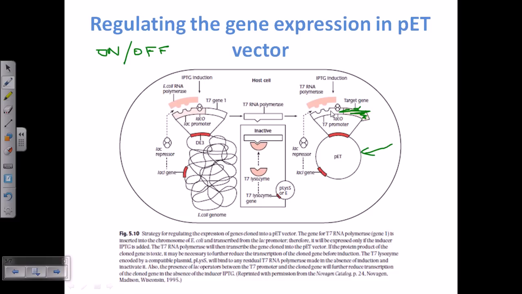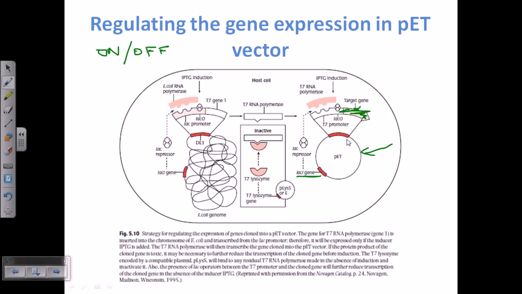The polymerase required here is the polymerase from bacteriophage T7. So the T7 promoter, then the lac operator, then our target gene. Further upstream of all these, there is a lacI gene to produce the lacI, or lac repressor, molecule. This is the construction of the pET vector, an expression vector to be expressed inside the E. coli cell.